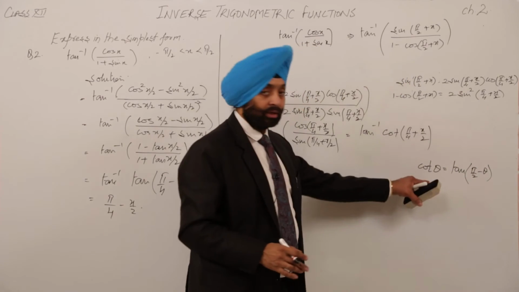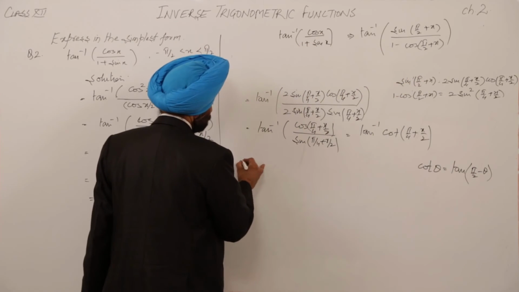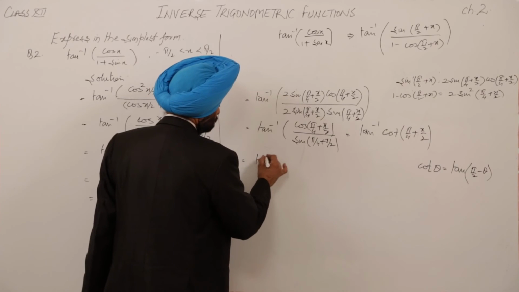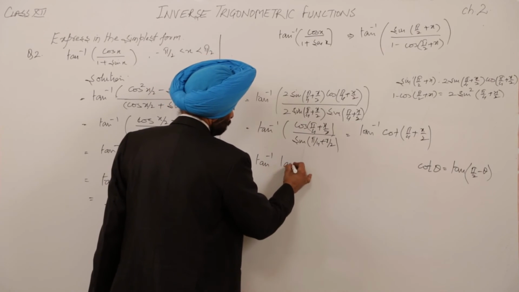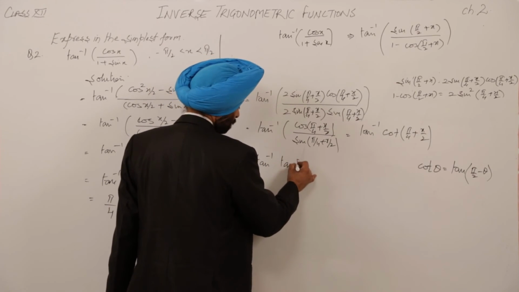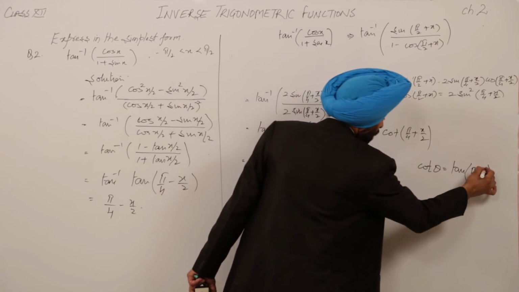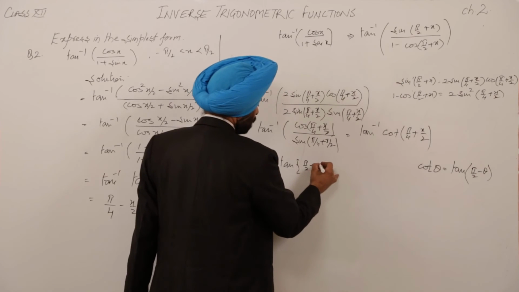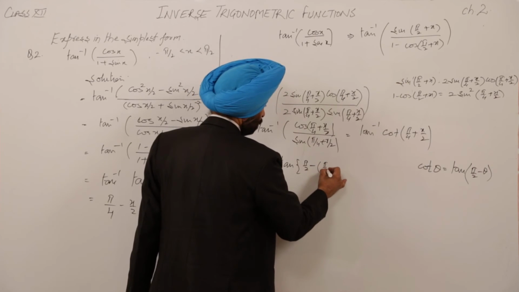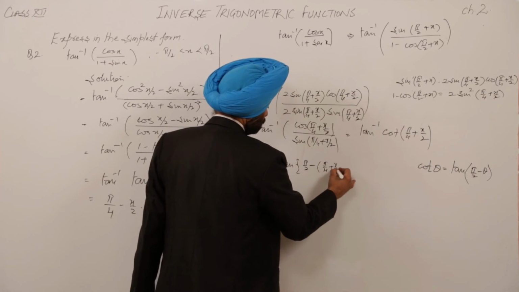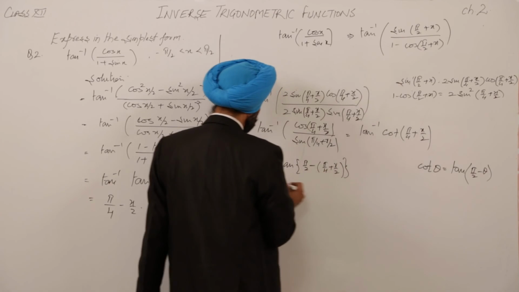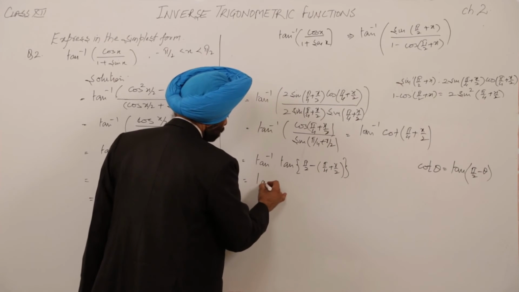So same thing I am doing here. I got tan inverse tan, then pi by 2 minus, now this theta is this whole thing, pi by 4 plus x by 2. Now opening the bracket, what we get?